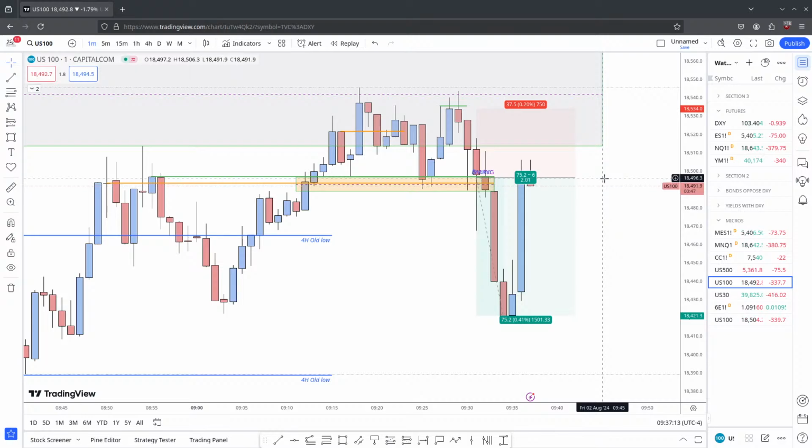So 20 handles, not 20 handles, 20%, would be 10 handles. So 40%, 20 handles. Don't know if I'm quite right about that one.